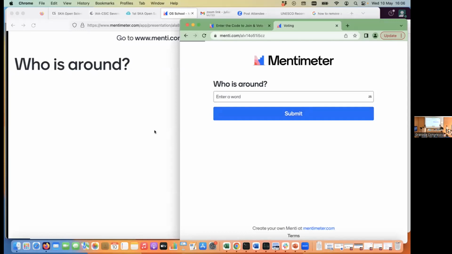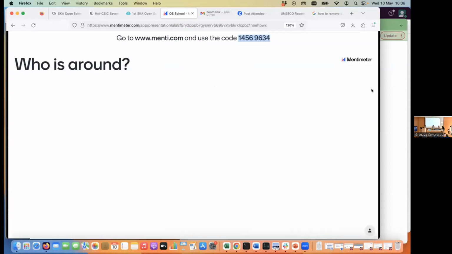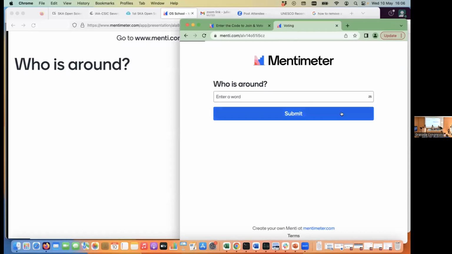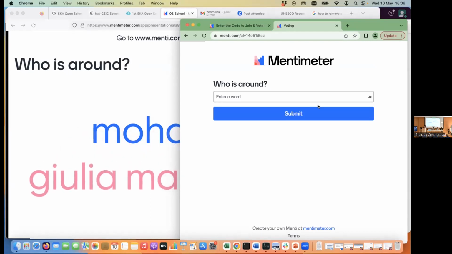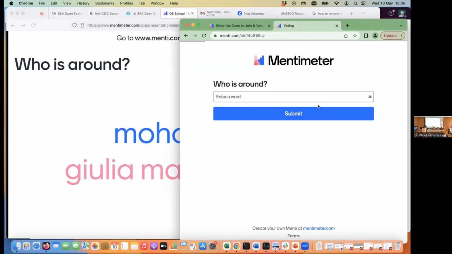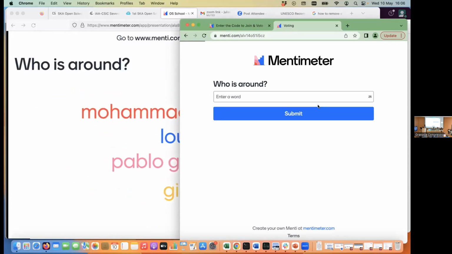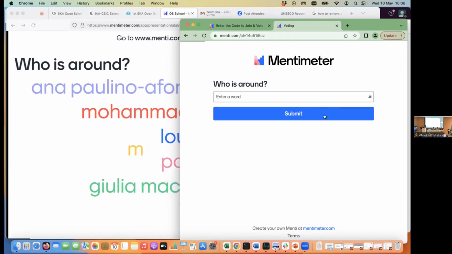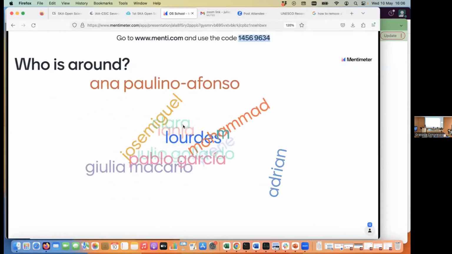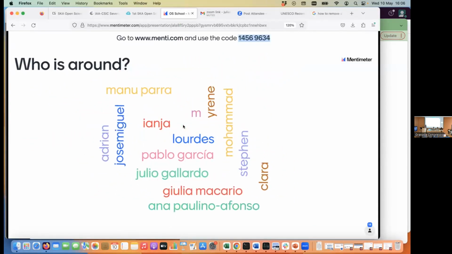Okay, now it's working. As I move on, this is what you should be seeing on your laptop or mobile phone. This is a test slide, so you can write down your name or nickname as you prefer. If you want it to be more anonymous, that's okay. Just to have an idea of how things are working.